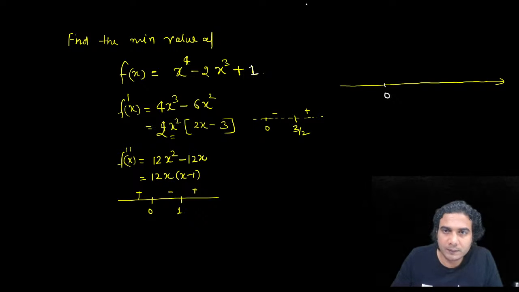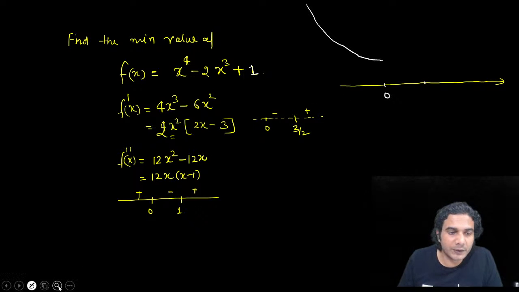After 0 it is still decreasing, up to 3/2. At 1 its value is 0. From 0 to 1 it is concave down, so it changes its concavity now.